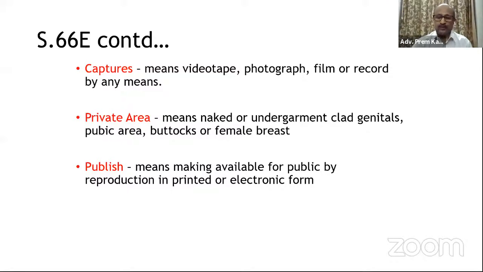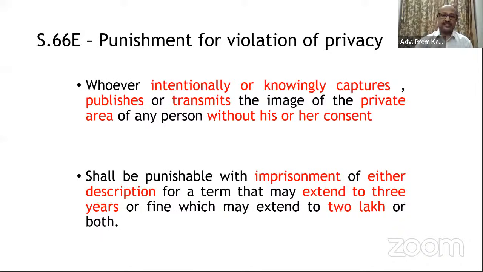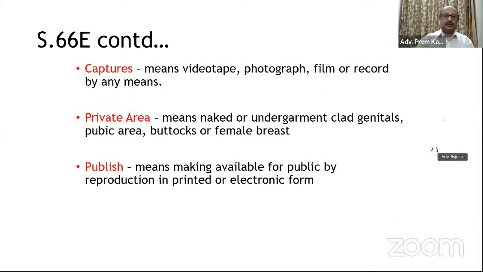Whoever intentionally or knowingly captures, publishes, or transmits. Please be aware of these words: intentionally, knowingly, captures, in the sense captures on a device, publishes, meaning makes it public, or transmits. What is the meaning of capture? Capture means videotape, photograph, film, or record by any means.